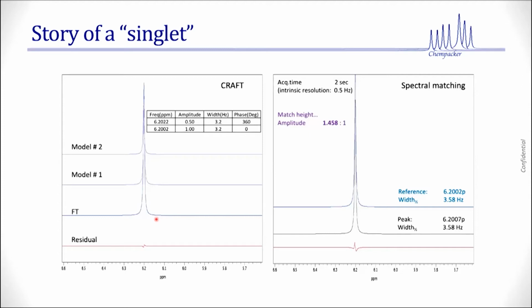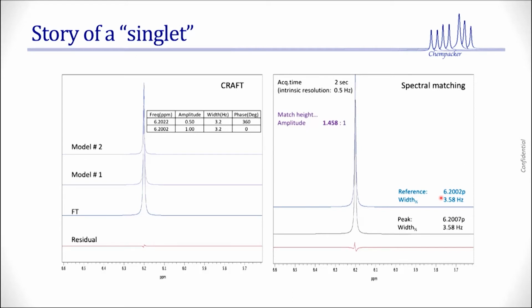The point is, in this process, we first made a definition that is a singlet. And then we said, I'm going to find a process which that singlet is going to fit to. That process can be anything, but I just happen to pick a spectral matching routine.